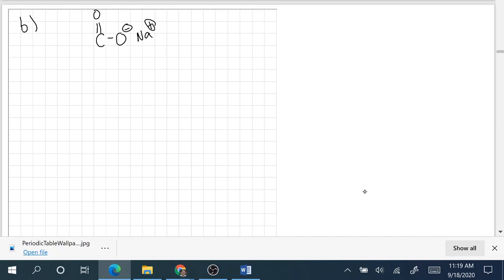So this is named as the salt of a carboxylic acid, sodium leucinate. So that's where the sodium is. And if you don't know, you can look that up.